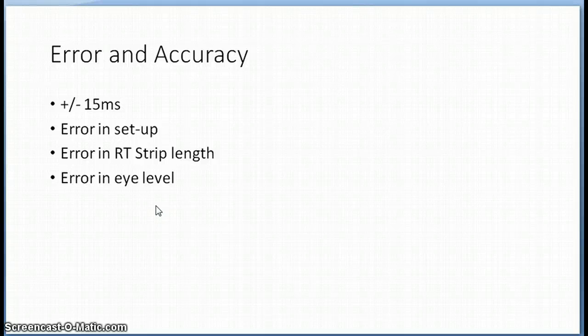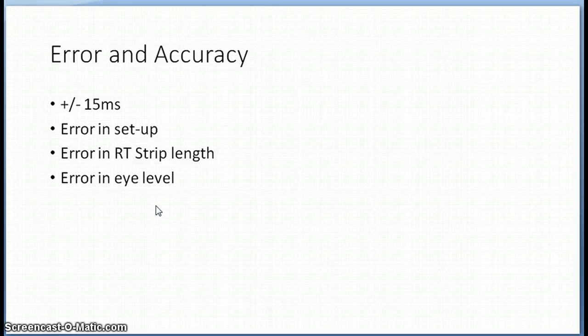There are three sources of error that can be found in our experiment project. They are in the setup. The subject might hear what I'm doing. I did give him a headphone over his head, but it might not work that well. And there's also error in the RT strip length, because it's hard to choose the size of the cell, so it's a 5 millimeter increment.